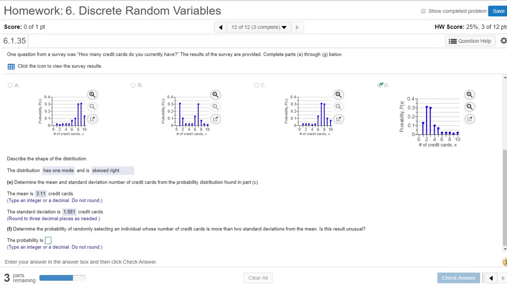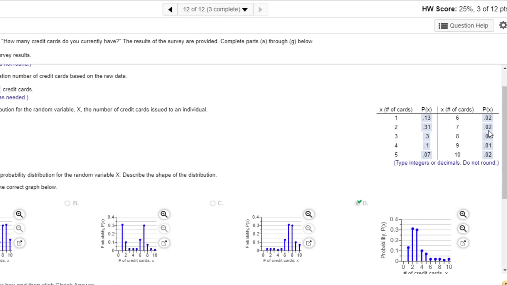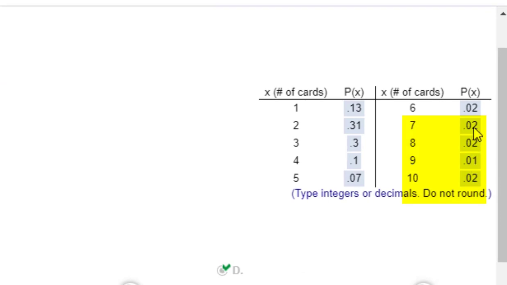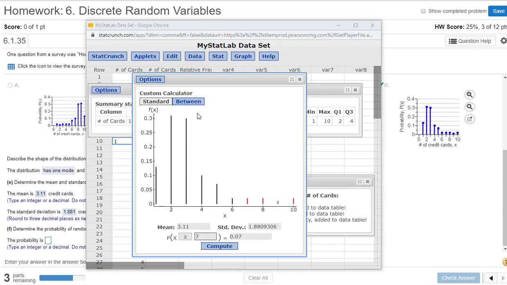So really all we care about is more than 6.872, which is really, with a discrete distribution, just 7 or more in this case, right? So we can either take these and add these values here. So 2, 4, 5, 6, 7, so 0.07, or I can use my little calculator here, put in greater than 7, and I get 0.07.